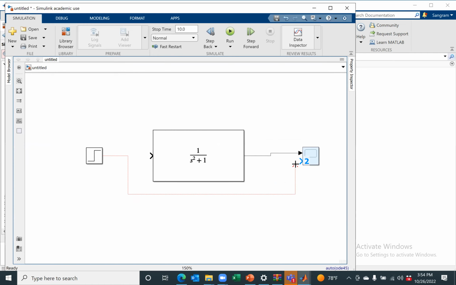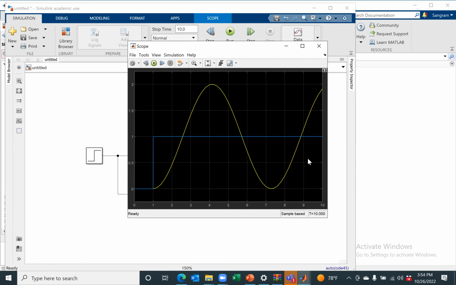So basically feed this signal over here, feed this signal, and then connect this over here and then run. So now what will happen is you will see your input, which is shown by the blue line, and you will see the output. Does it make sense?